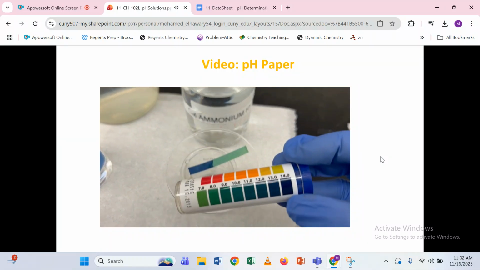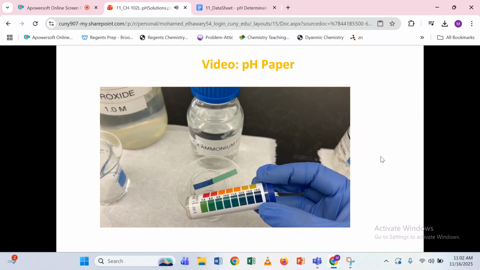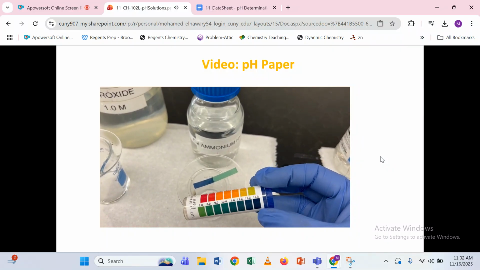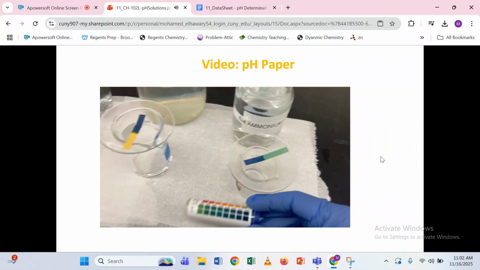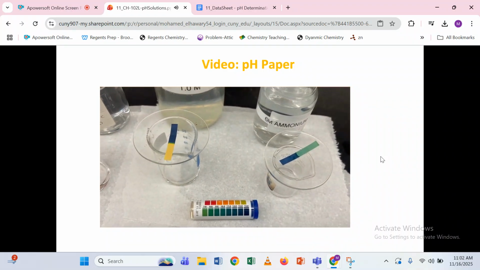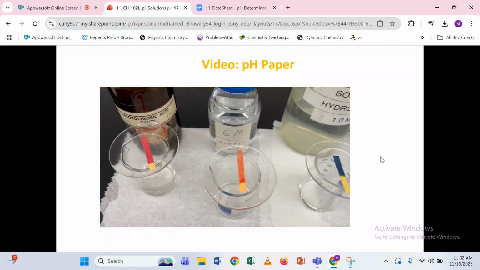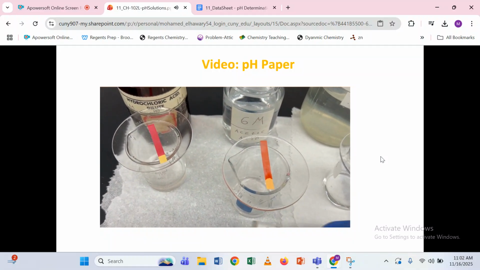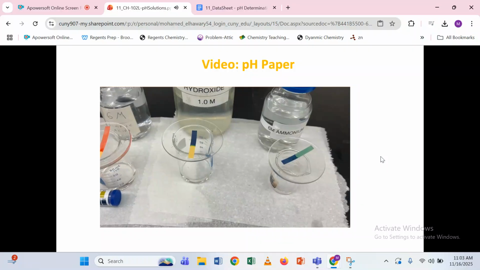You can say pH about 13, pH 13. So ammonium hydroxide is also 13 or even 14, but it's definitely on the basic side. So this also proves that the first two beakers are acidic and the last two beakers are basic.